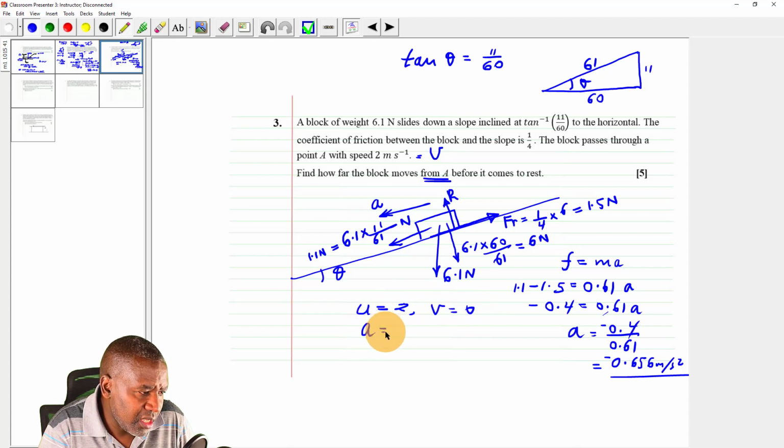A is known, is minus 0.656, and it's s that I want.